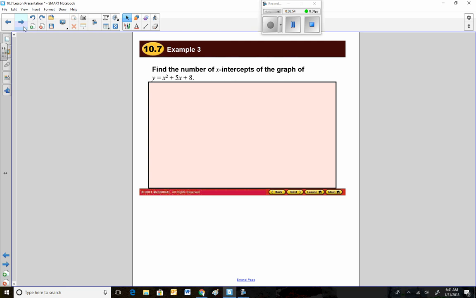All right. Now, find the number of x-intercepts of the graph. Now remember, solutions, x-intercepts, and zeros all mean the same thing. So what are we asking you for? How do we know the number of times it crosses the x-axis? We just use the discriminant, b squared minus 4ac.